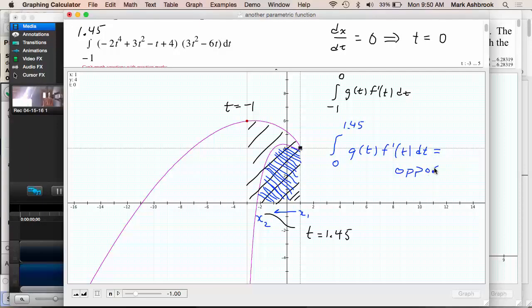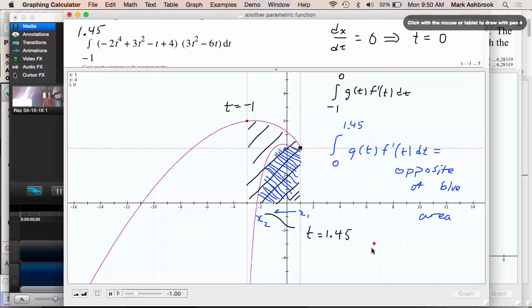Opposite of blue area. Black area is fine. It'll be positive, right? It'll be the positive area. So what will we get if we integrate from 0 to 1.45? We'll get the total black area plus the opposite of the blue area. What will it give for us?